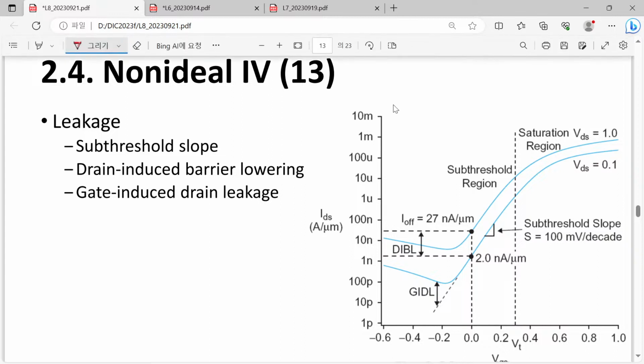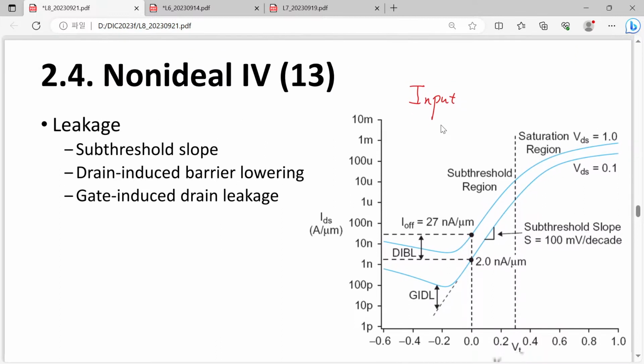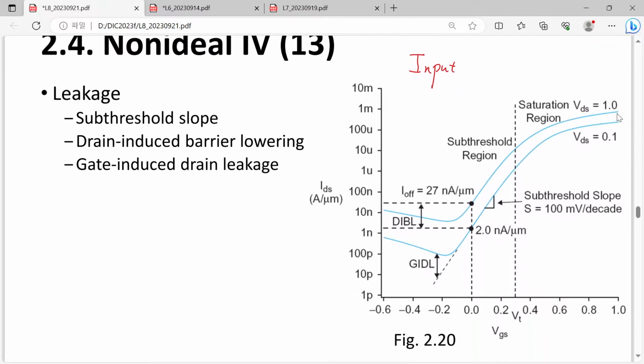Now everybody in this classroom understands this is the input characteristic. When you have a look at this input characteristic, you can draw it on a semi-logarithmic scale or a linear scale, and this one is semi-logarithmic. The most important quantities in this graph are: here this corresponds to the on current, and here you have the off current.